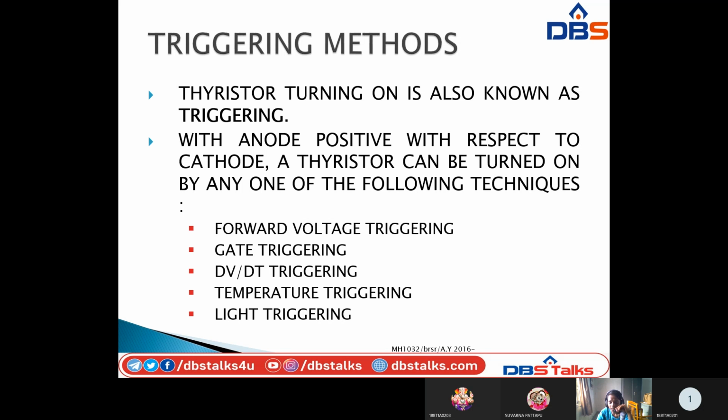In forward voltage triggering, the voltage applied from anode to cathode is increased. Gate triggering means applying a gate input.